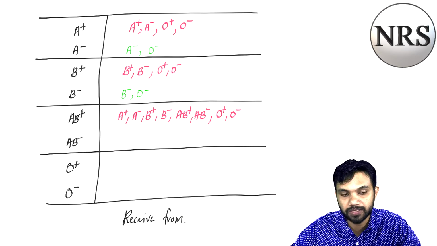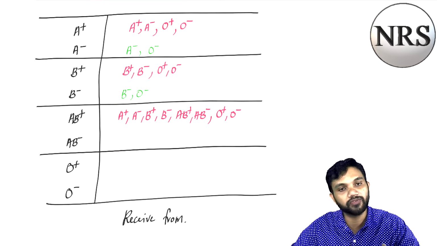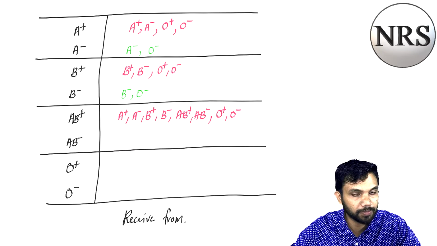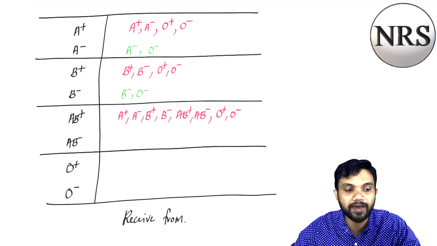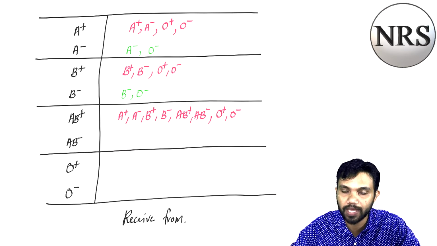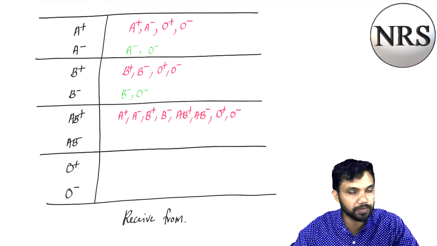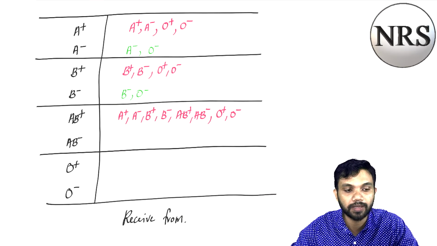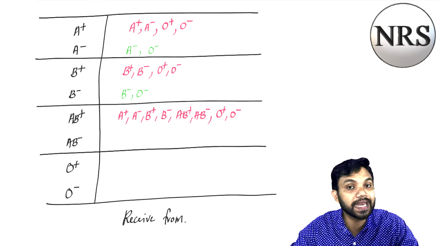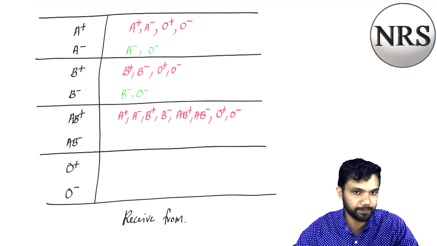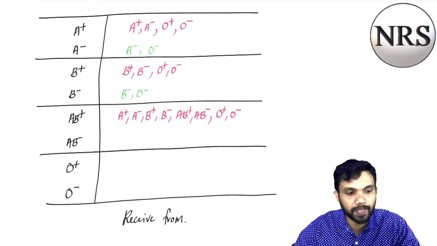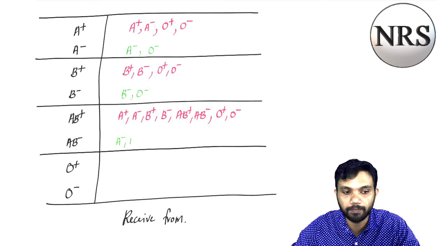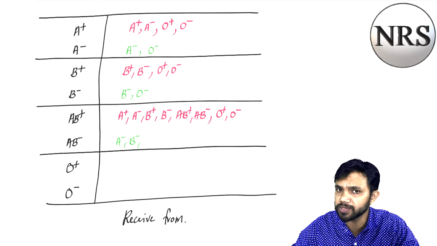AB negative: they can receive from A, from B, from AB, and from O also. But the problem is they don't have the RH antigen, so they cannot receive from the positive people. They can receive only from the negative people of O. They can receive from A negative, they can receive from B negative, AB positive?